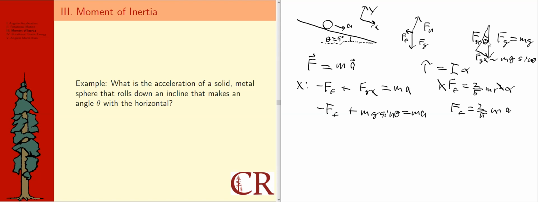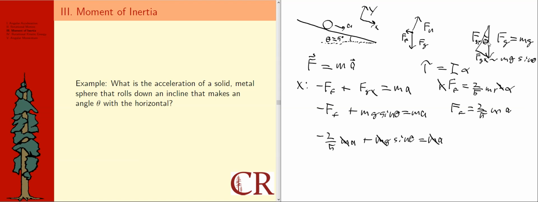So this is pretty cool because now I could take this expression I got from analyzing the rotational physics for this force of friction and substitute that in here, and I would get minus 2/5 ma plus mg sine theta equals ma. And wow, all the miracles I was hoping for have happened here.